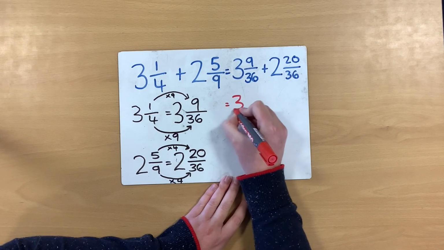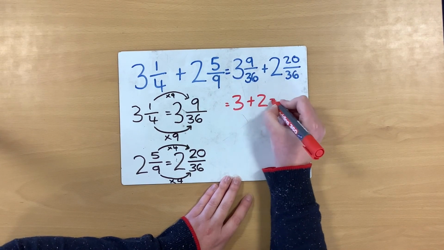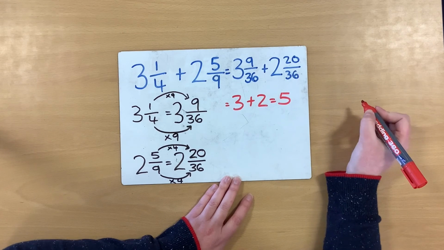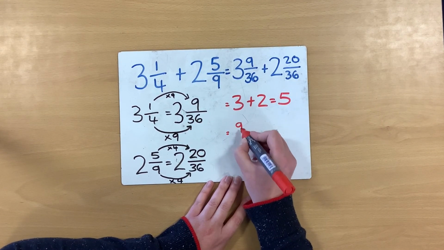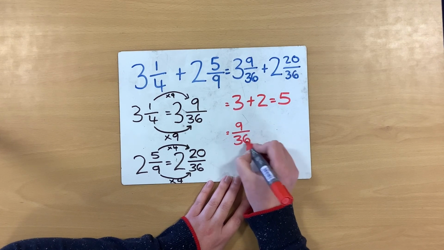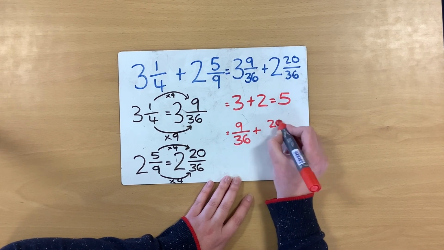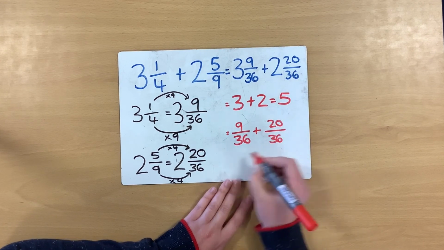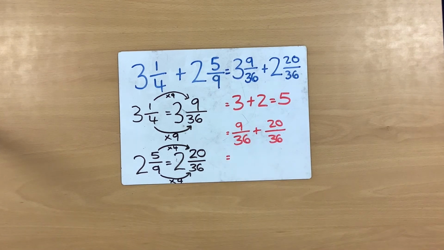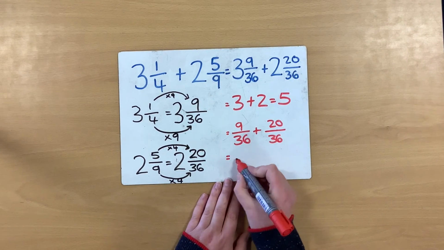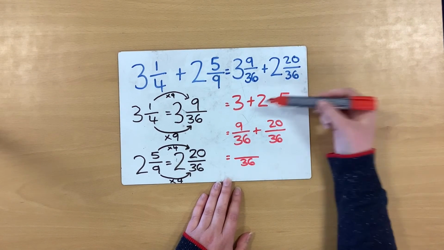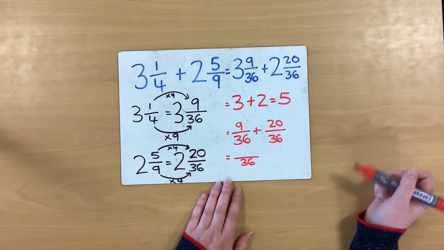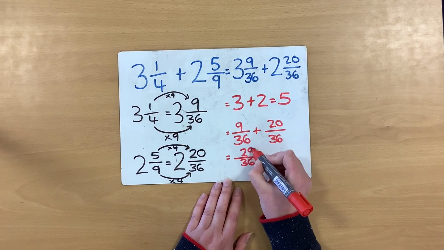So 3 add 2 equals 5. Then I'm going to add my fractions. I've got 9/36 add 20/36. Remembering that when we add our fractions, the denominator stays the same. So 9 add 20 is 29.